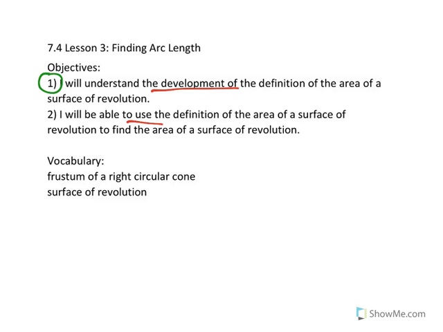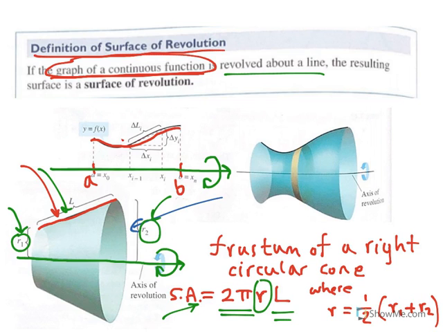In Objective 1, we would like to understand the development of the definition of the area of a surface of revolution. And in Objective 2, we'd like to use our integration formula to do some problems from calculus. For Objective 1, you start with the pre-calculus formula for the lateral surface area of a frustum of a right circular cone.